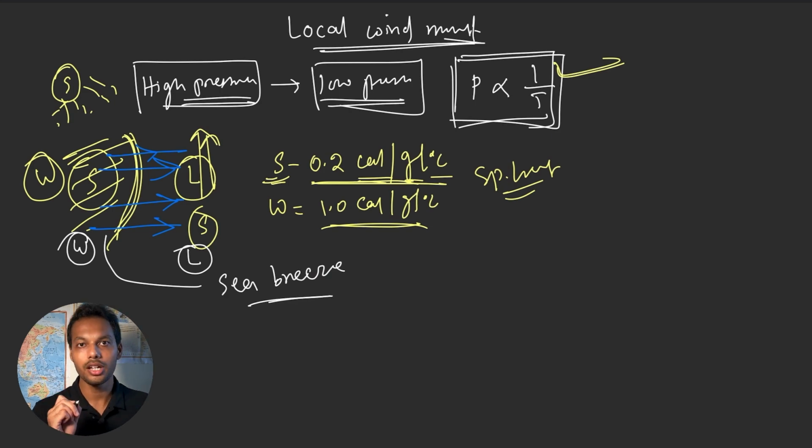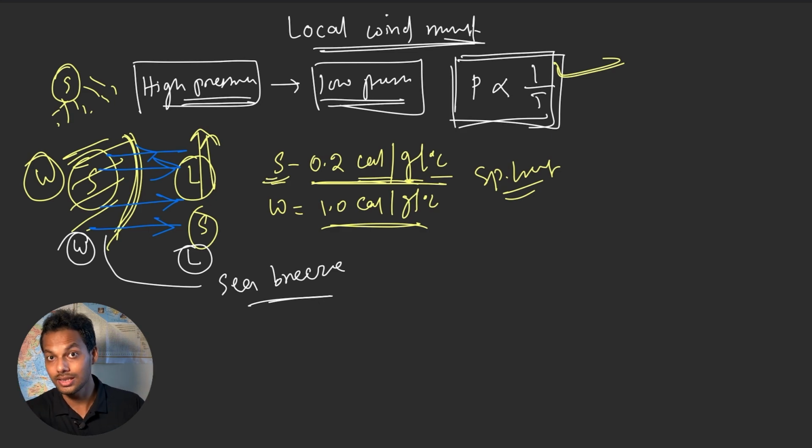Then what will happen during night? The sea, or water body, holds maximum energy because it has higher specific heat, so it will cool down slower. But the land mass holds very little energy, because it heated up with very little energy. Remember, a substance that heats up at a faster rate will also cool down at a faster rate.